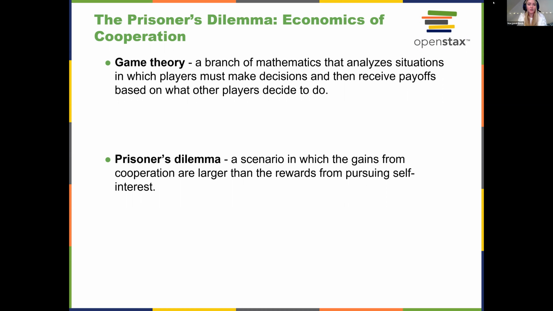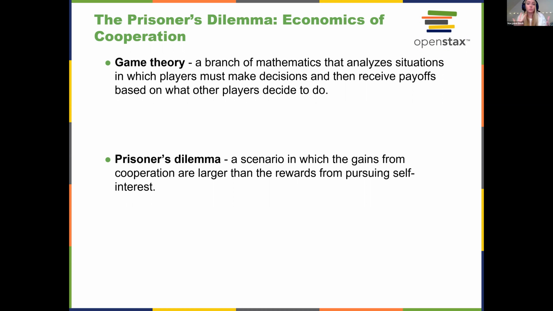So to give game theory a formal definition, you can think of game theory as a branch of mathematics that analyzes situations in which players must make decisions and then receive payoffs based on what other players decide to do.